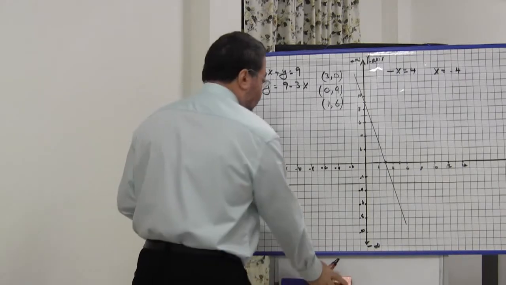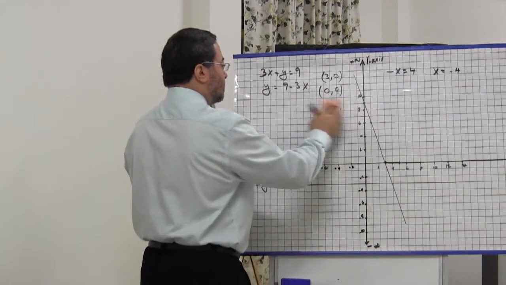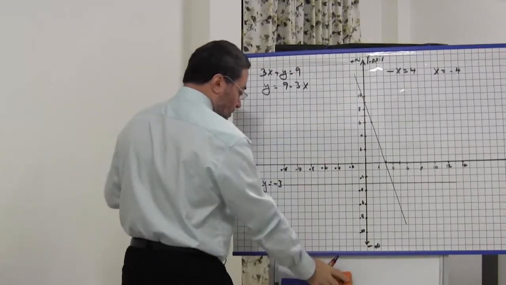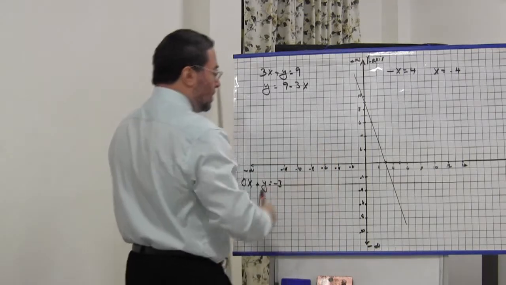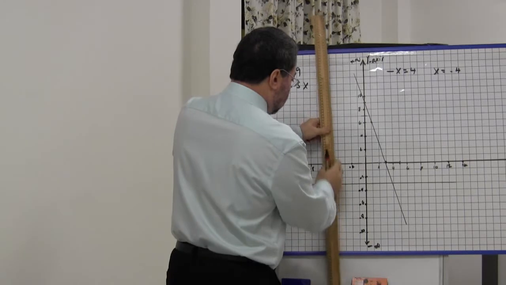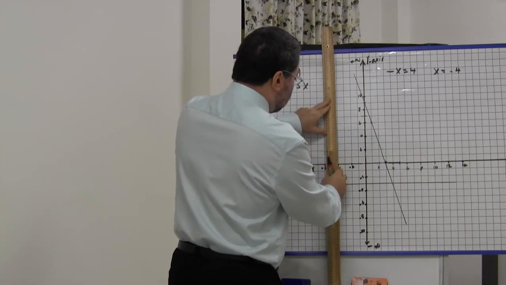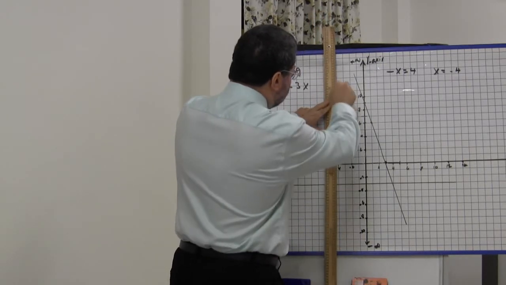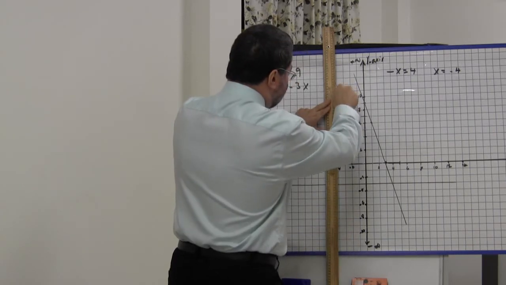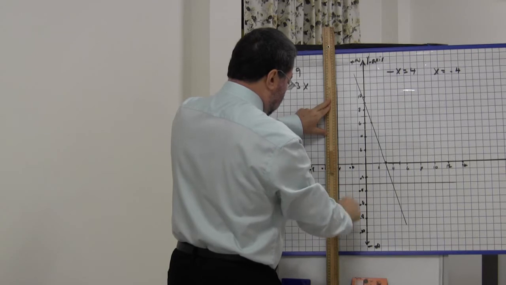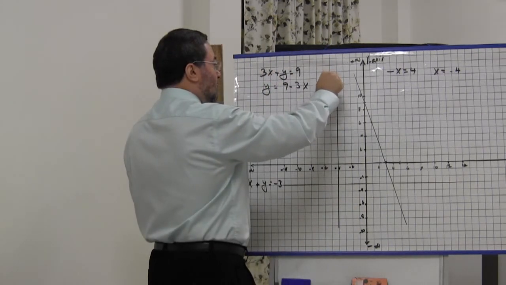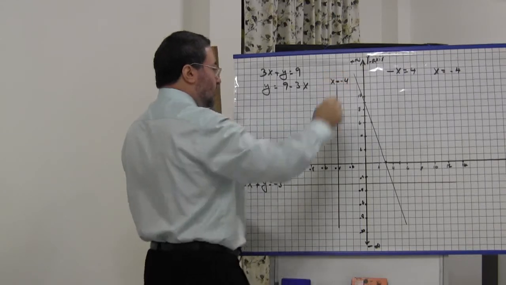Here our graph is a vertical line, and it is at minus 4 here. And that's the graph of x equals minus 4.